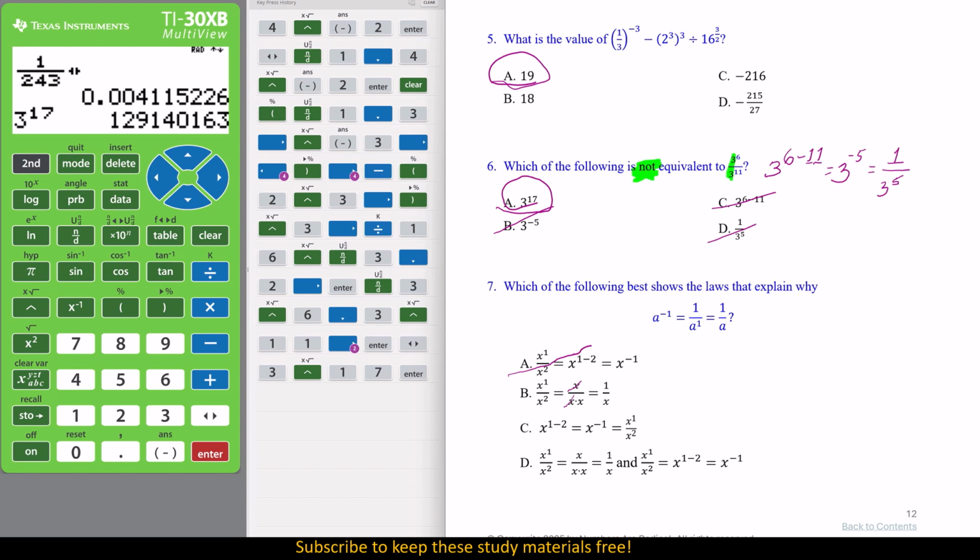But let's look at C. C says x with 1 minus 2 gives you x to the negative 1, which equals x to the first over x squared. That's like a backward process or a mixed process. That doesn't make sense. I mean, it does make sense, but it's a process, some kind of an explanation of the process out of order, like A. It's A out of order. So I'm not believing that one.